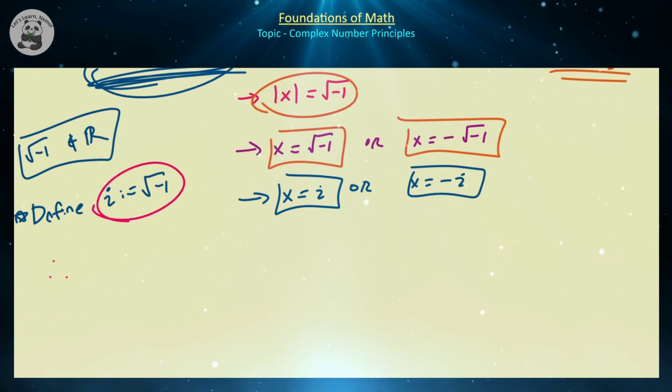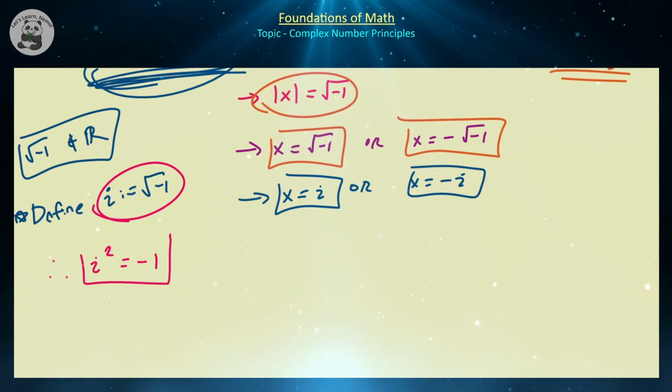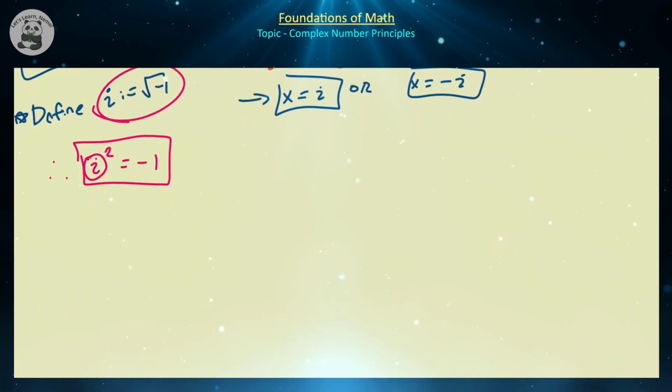For example, if I square both sides, we're going to have that I squared is equal to minus 1. Because if I is a real number, then I squared cannot be equal to a negative number. So now that we have this new unit that is going to represent a basis element for a new set of numbers, now we can square these new numbers and get negative quantities back, which is very, very useful.